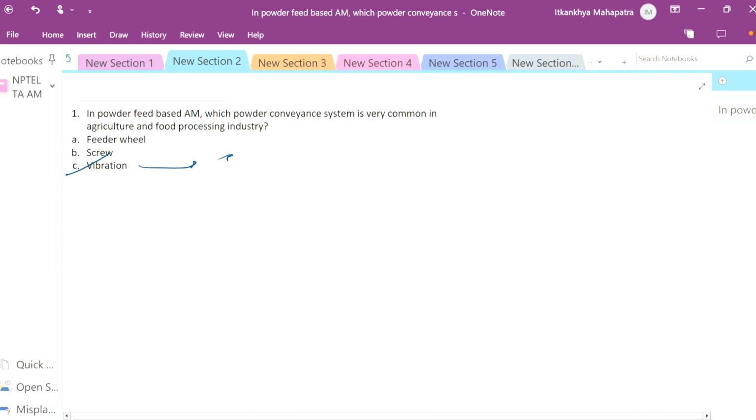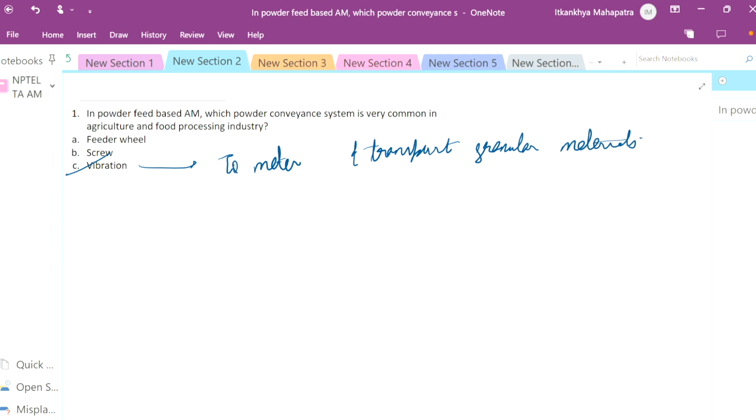This is done to meter and transport granular materials. Now, in a powder feed unit, we have metering, conveyance, and delivery. Again, in conveyance, we have mechanical and pneumatic types of system. And under mechanical, we have vibration, screw, and gravity.